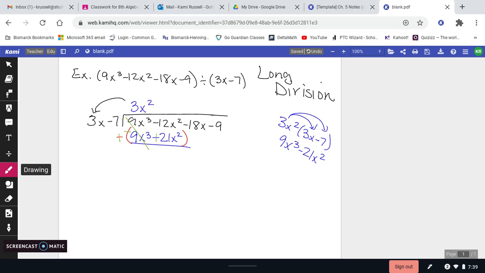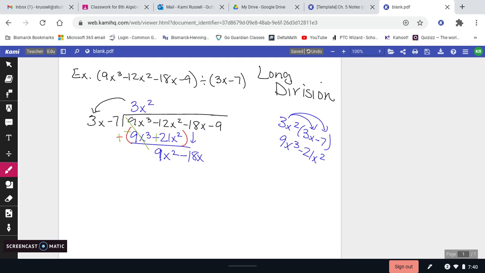Okay, so now I have negative 12 plus a positive 21x squared. So that's going to be 9x squared. Now bring down your next term. So this minus 18x is going to come down, go back up to the top.